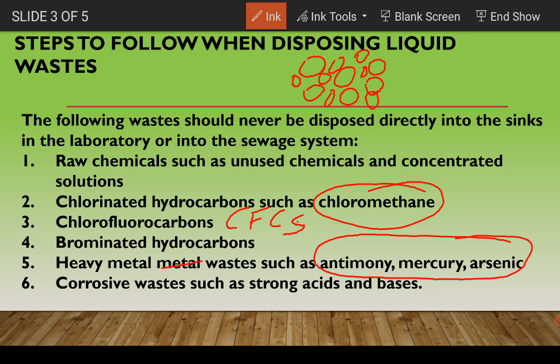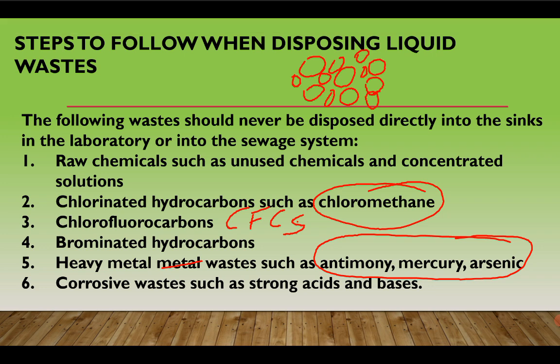Corrosive wastes such as strong acids and strong bases. Strong acids, for example sulfuric acid, hydrochloric acid, and nitric acid. These should not be disposed of into water sinks because of their corrosiveness.